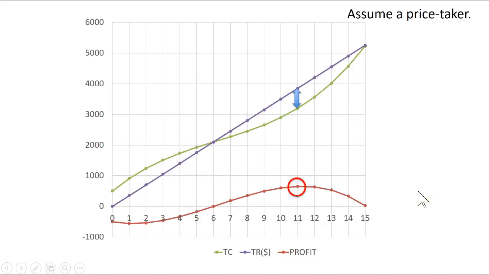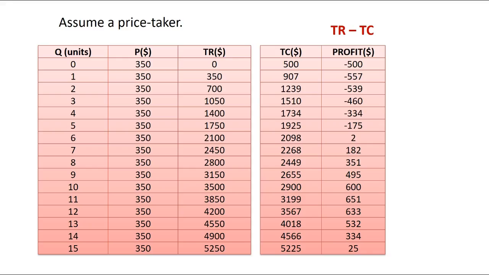Okay, now we should bear in mind, are we talking here about the short run or the long run? Well, if we go back to the table, we can deduce that we're talking about the short run for this firm. How do we know that? Because we know at the level of 0 output, total costs are 500.